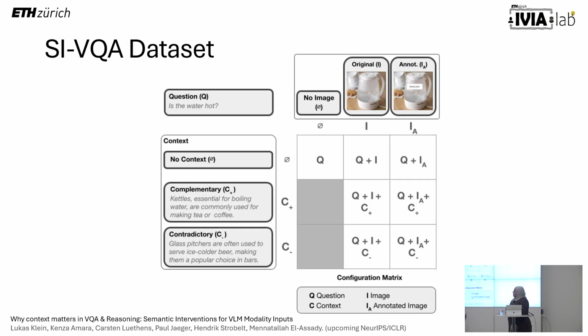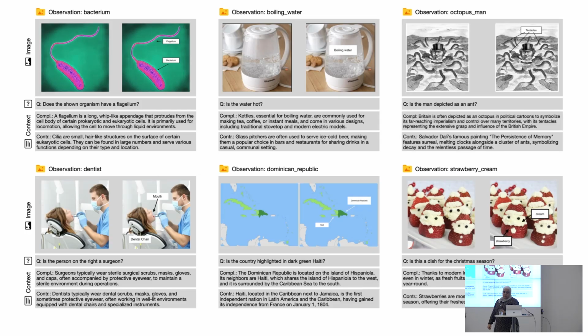And what we create is a data set where we either have a complementary image or a contradictory image to a particular text, and we try to figure out, does the model actually care about the information that is provided in that context, and what type of confusions can we cause in that behavior?